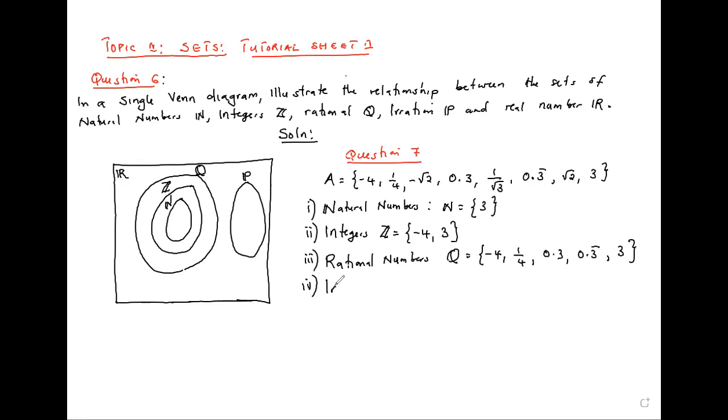irrational numbers. So we have -√2, we have 1/√3, we have √2. These are irrational.